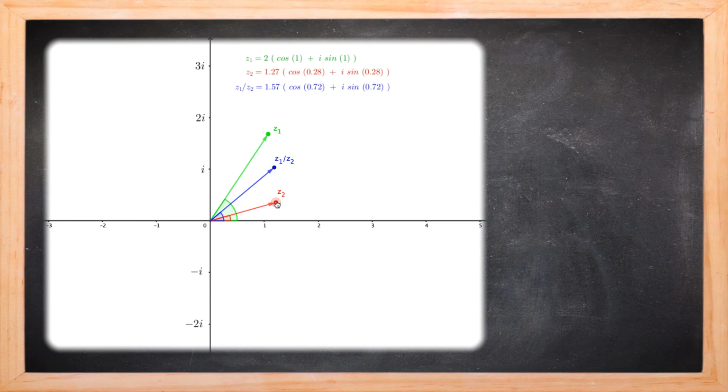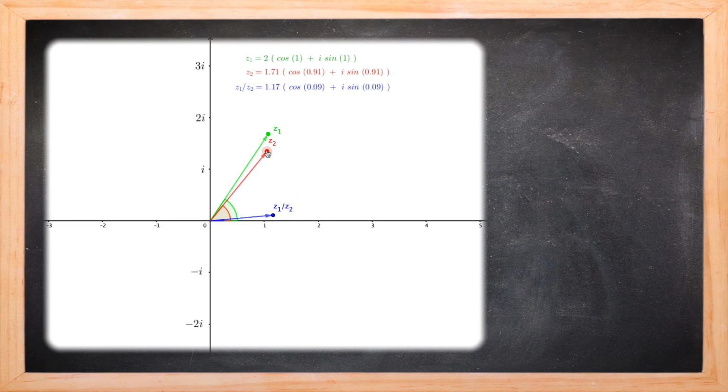So as we increase the argument of z2, the argument of z1 over z2 decreases by the same amount. There's 1 minus 0.7 gives us 0.3.